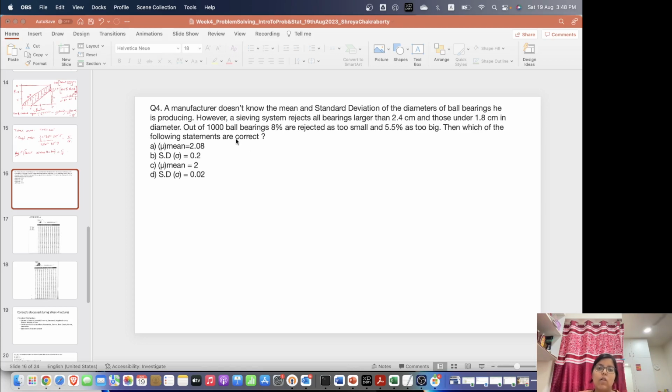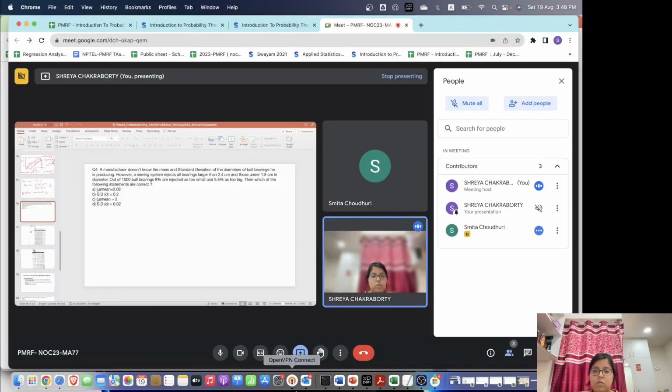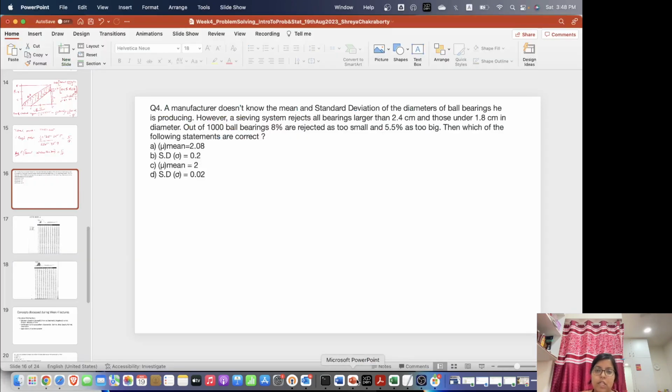Out of the 1000 ball bearings, 8% are rejected as too small and 5.5% as too big. Then which of the following statements are correct? So how will you proceed? Can you tell me, what do you think is the starting point?